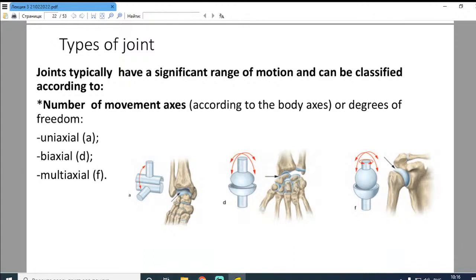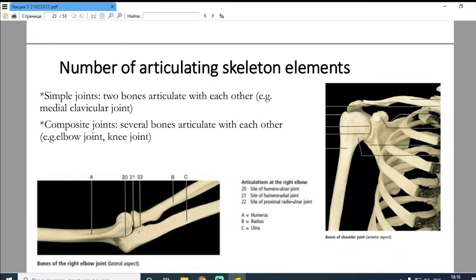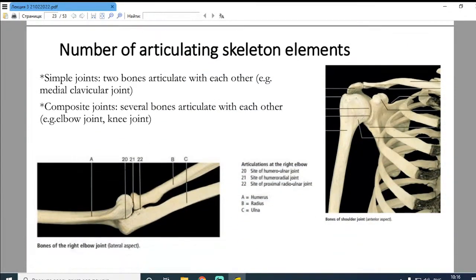Independent number of movement axes: uniaxial, biaxial and multiaxial. Number of articulating skeleton elements: simple joint, composite joint.